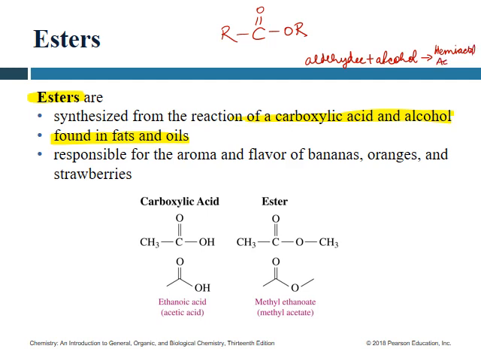And now when carboxylic acid reacts with alcohol, it produces ester. And this reaction is called esterification. Why? Because this is a reaction for production of esters, or synthesis of ester. Therefore, the reaction is called esterification.